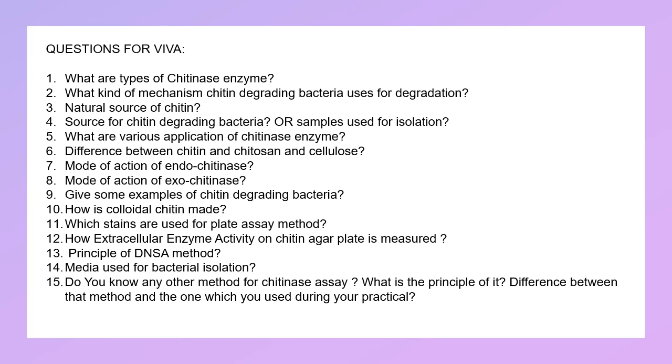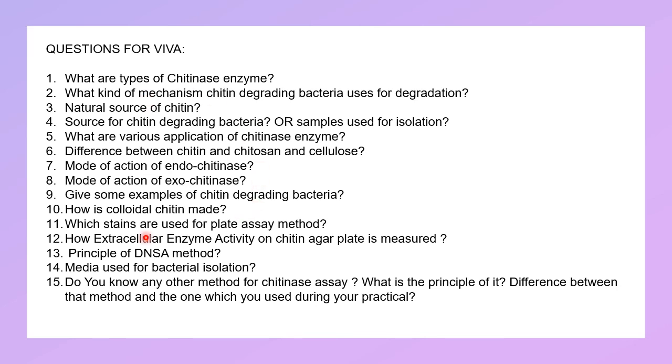Lastly, about Viva questions. Here are some which I had listed, and it will give you an idea about what kind of Viva questions you may get on this topic. First, what are the types of chitinase enzyme? Then what kind of mechanism do chitin degrading bacteria use for degradation? That is enzyme mediated, right? Chitinase enzyme is produced.